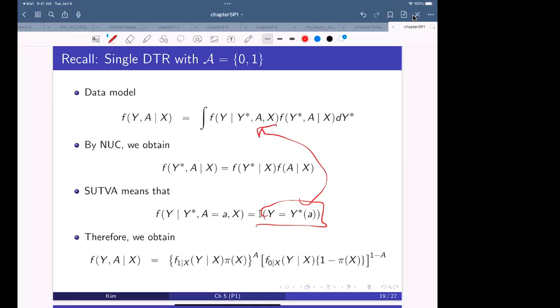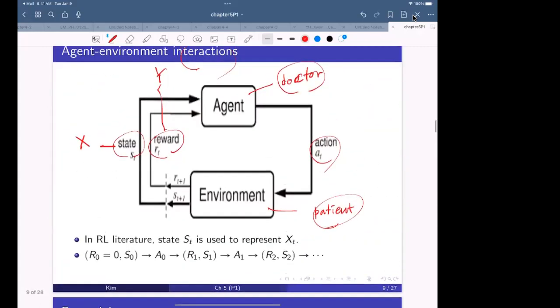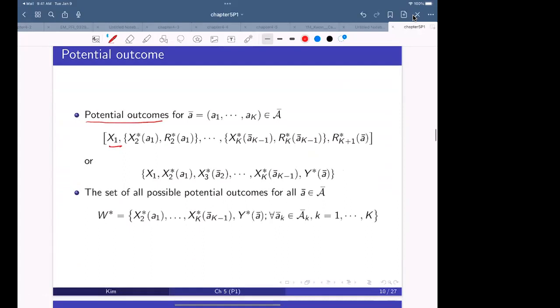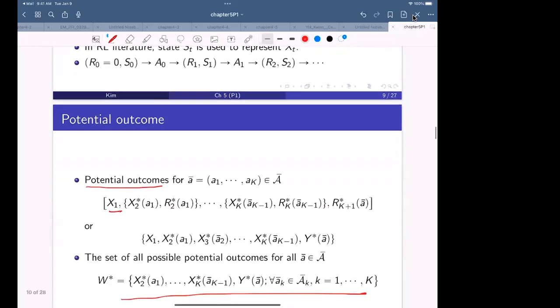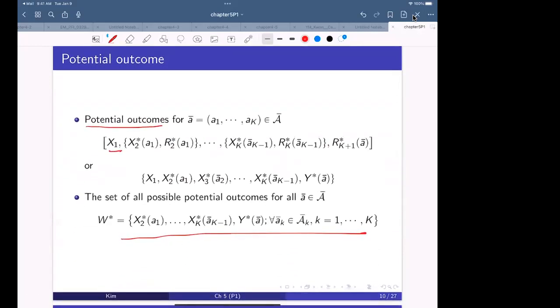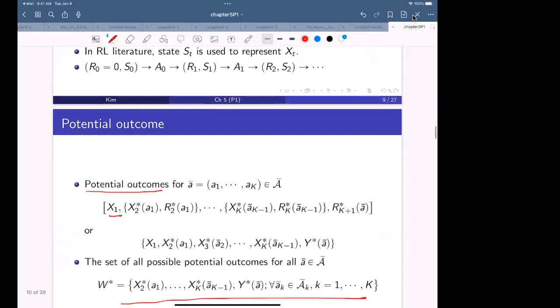Right. Anyway, I'm going to come back to this part soon, but this is quite an important concept. This is what we are interested in: characterizing the joint density of the possible potential outcomes. Because that is the nature of the environment, right? You want to know about your environment, but you don't have a direct observation of it.